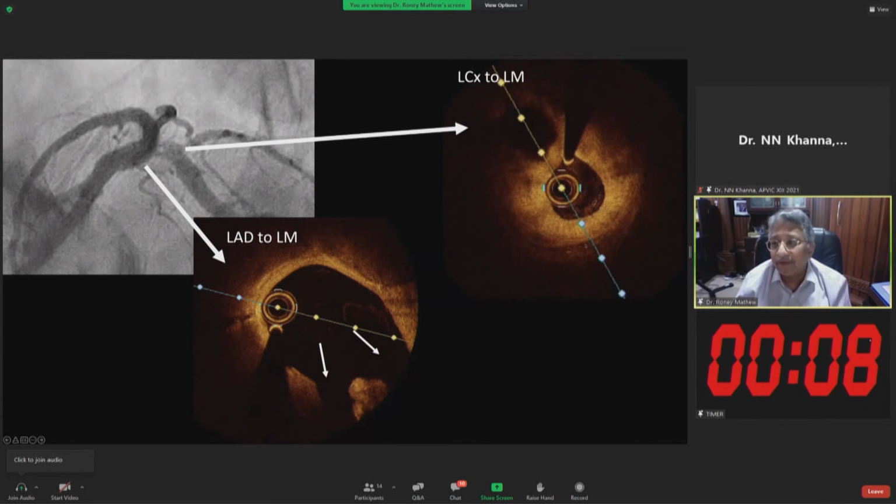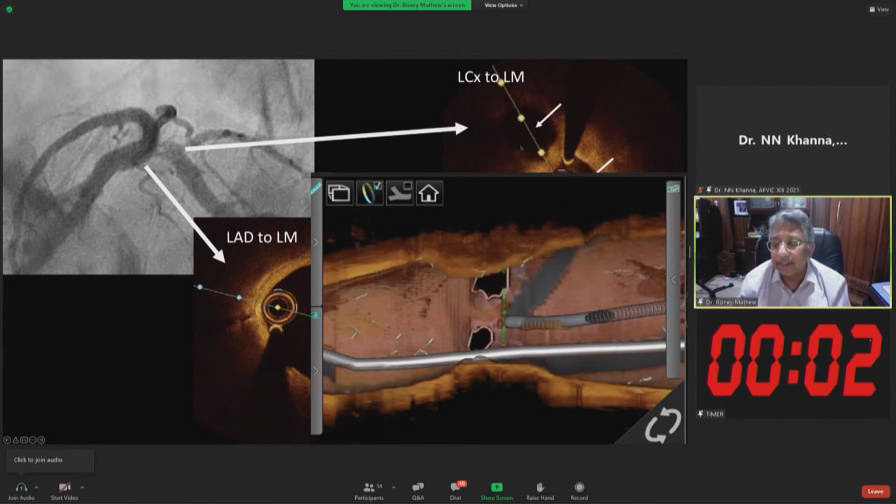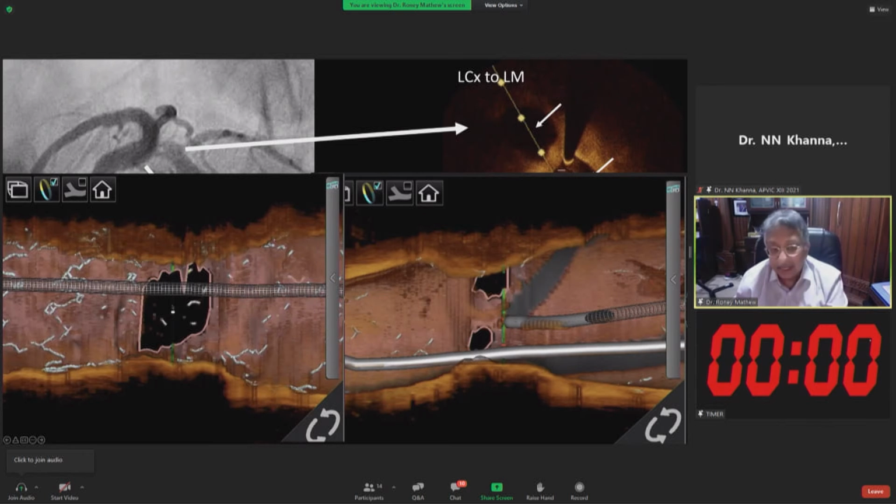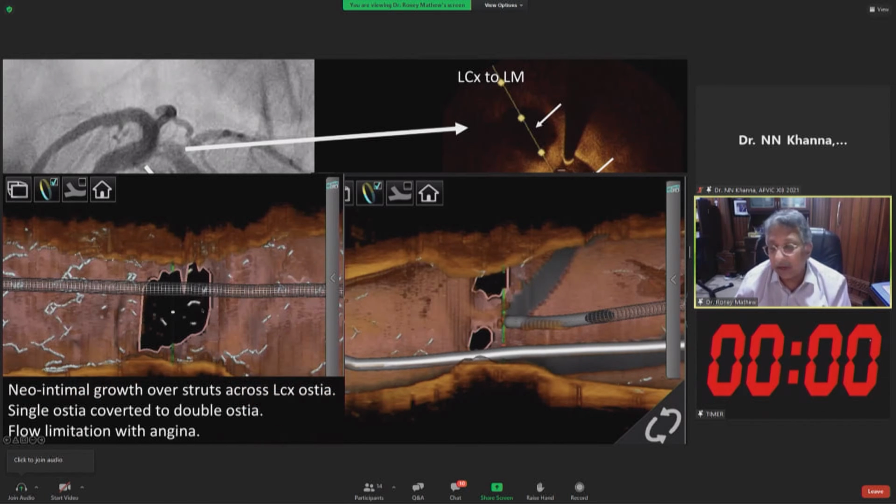When you do a pullback from the circumflex, the catheter has gone through one ostium, you can see the other ostium. And three-dimensionally, this is how it is. The single circumflex ostium is divided into 2 because there is a neo-intimal growth across the stent that was across the side branch. And this caused flow limitation with angina.